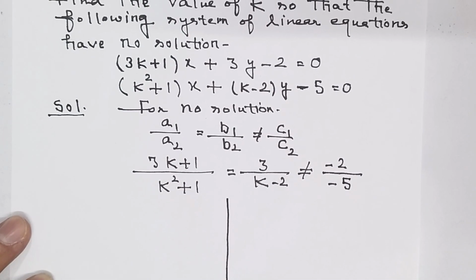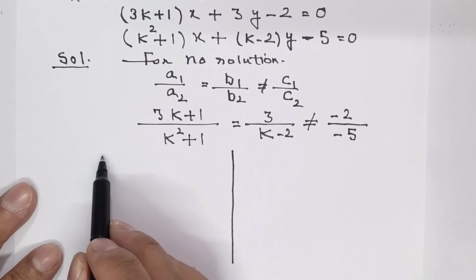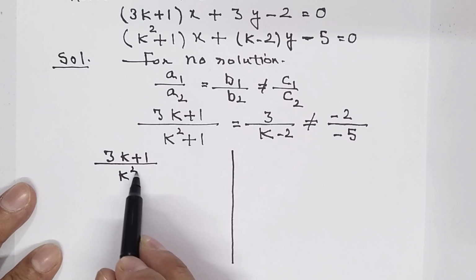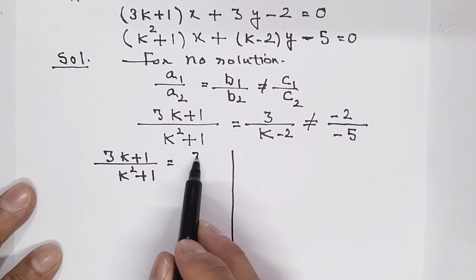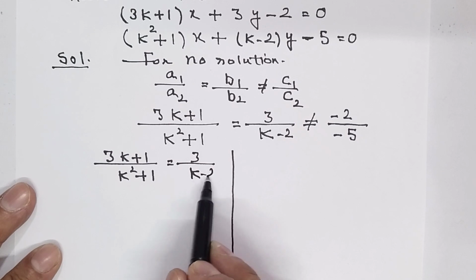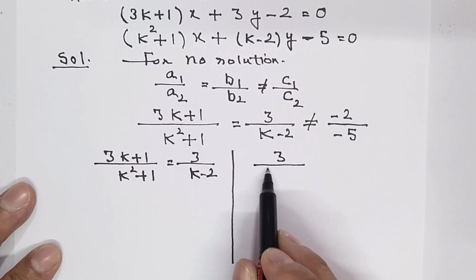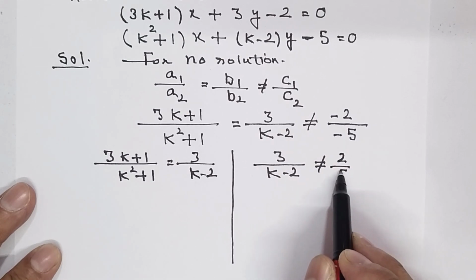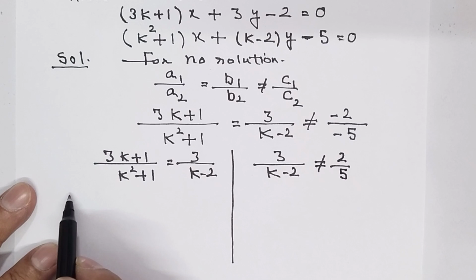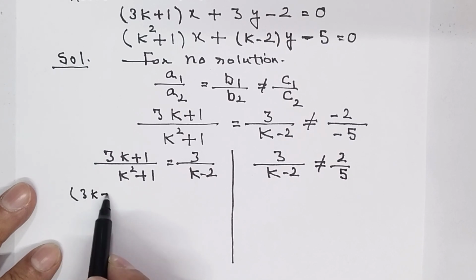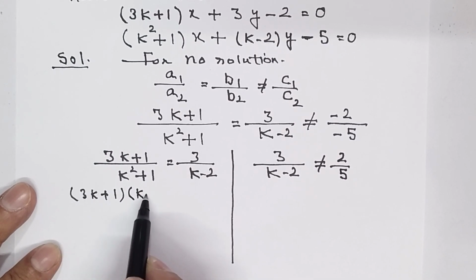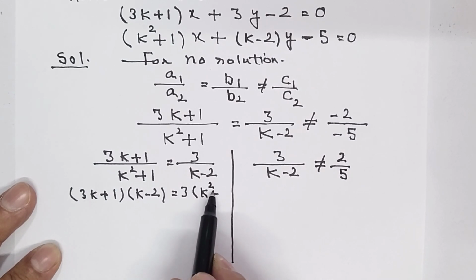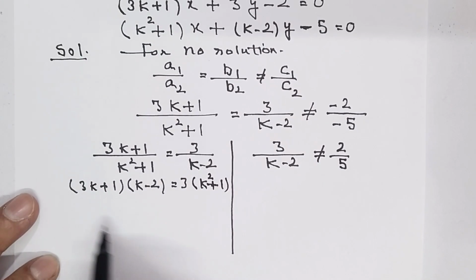Now when you equate, 3k plus 1 upon k square plus 1 will be equated to 3 upon k minus 2, and on the other side 3 upon k minus 2 is not equal to minus minus cancel, this is 2 upon 5. Cross multiply: 3k plus 1 into k minus 2 is equal to 3 into k square plus 1. So let's solve it.